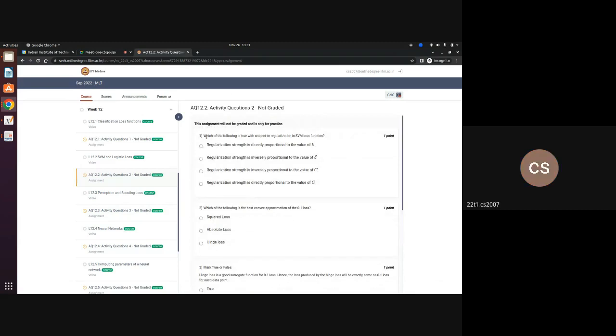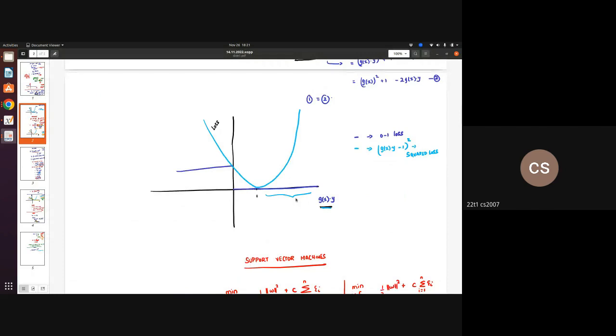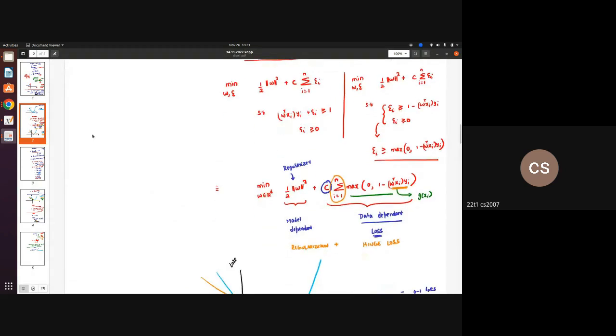Which of the following is true with respect to regularization in SVM? Now, if you remember the loss function in SVM, it was like this, where this particular part is called hinge loss.